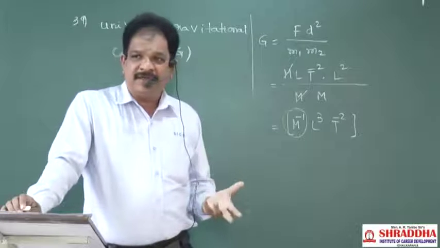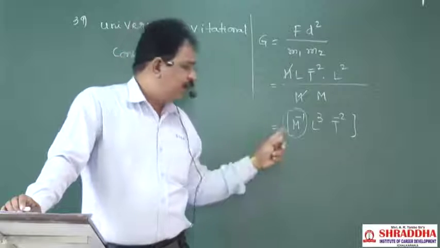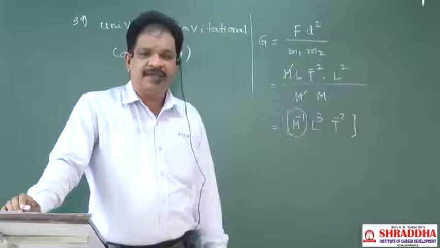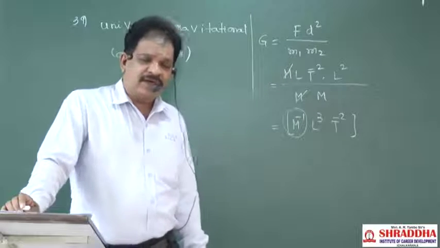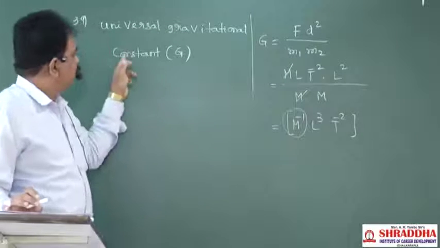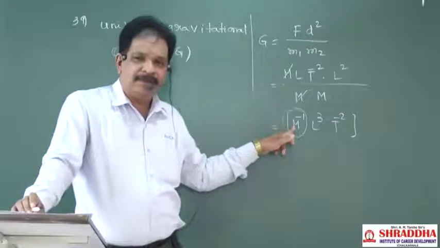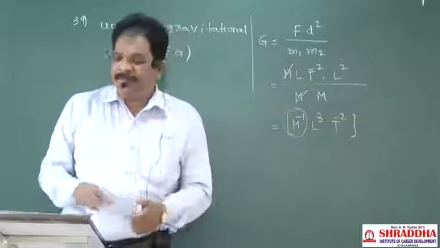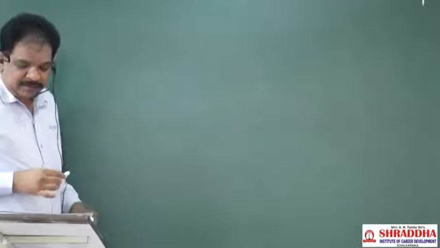What are the dimensions of mass in universal gravitational constant? Questions like that will also be there. So the dimension formula of universal gravitational constant is M power minus 1 L cube T power minus 2.